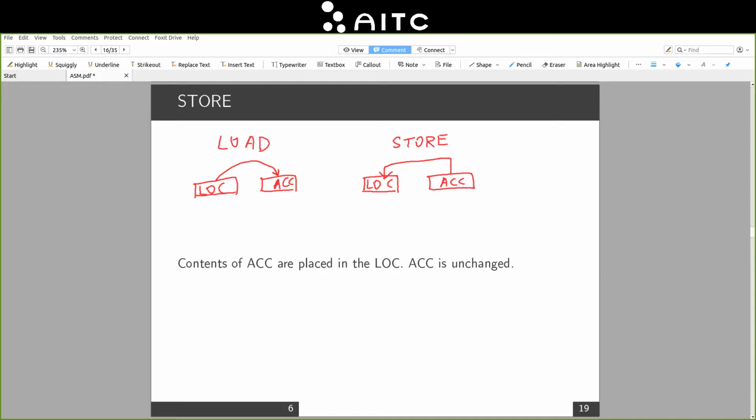Yeah. The meaning of load is contents of LOC placed in ACC.